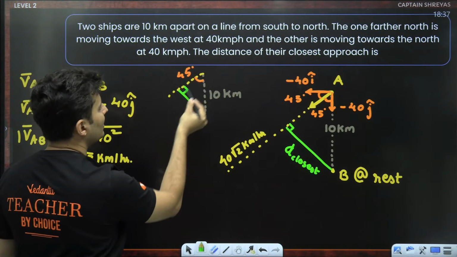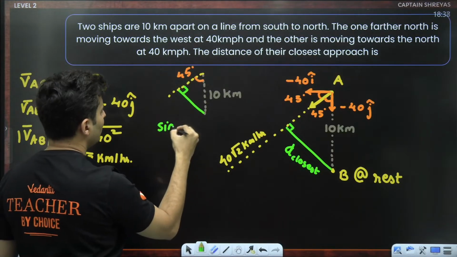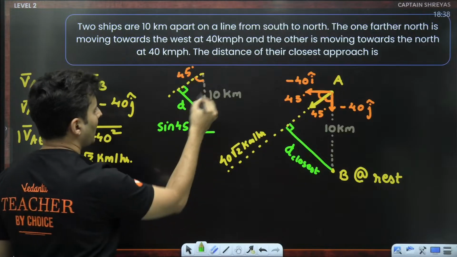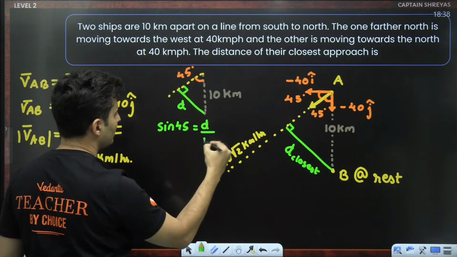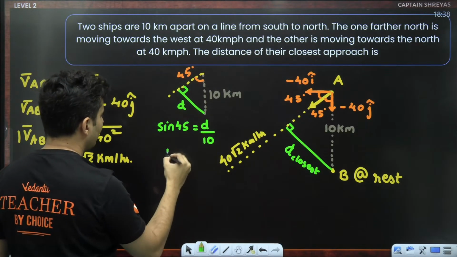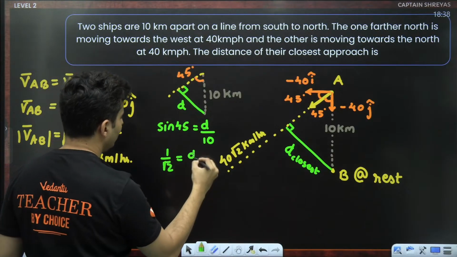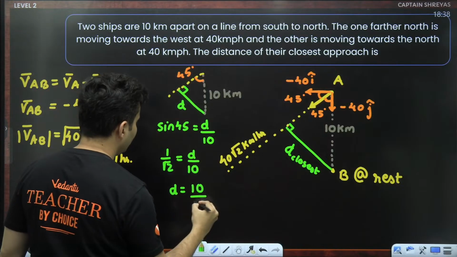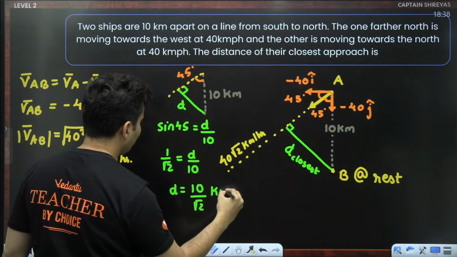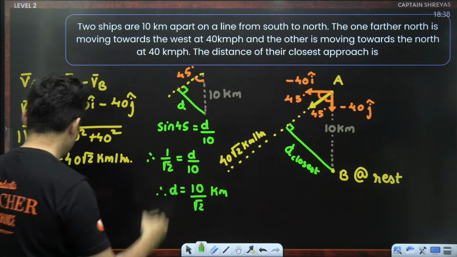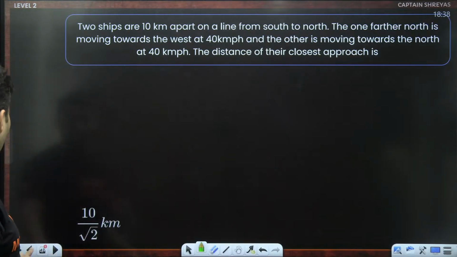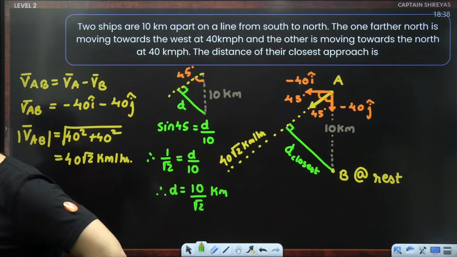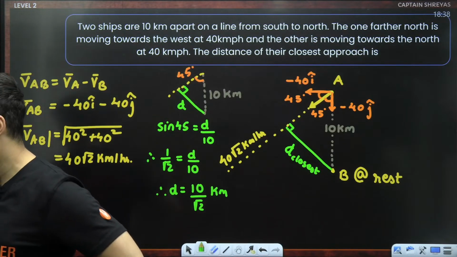Guys, you just have to use sine 45, which is the opposite side upon the hypotenuse. So sine 45, which is 1 by root 2, is d by 10. Therefore, d will be 10 divided by root 2 kilometers. That is the answer. That's the closest distance of approach, 10 by root 2 kilometers. Is that clear, everyone? Yes, Nikhil, correcto, perfecto.